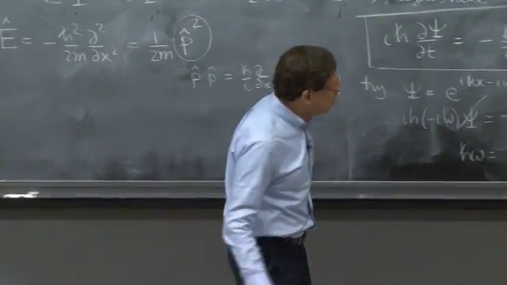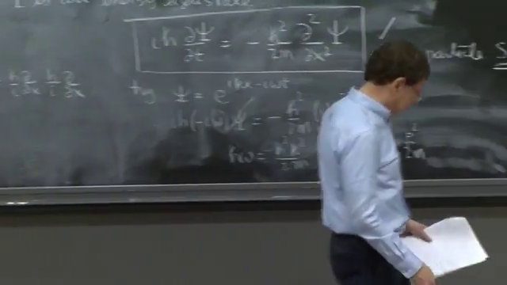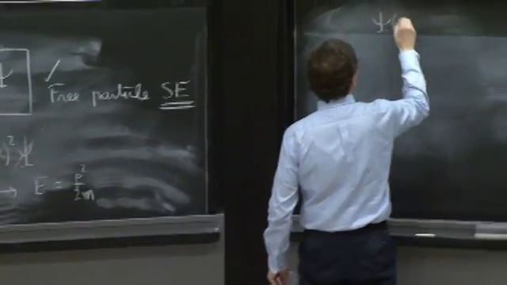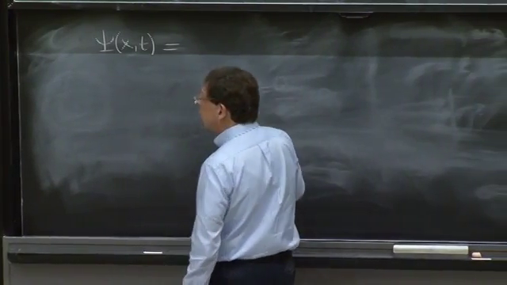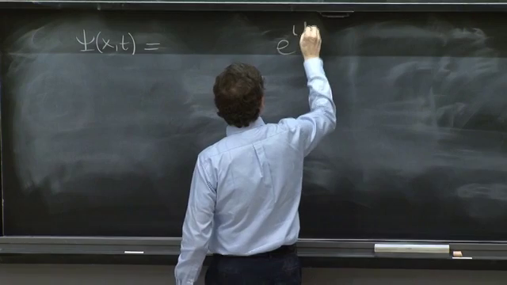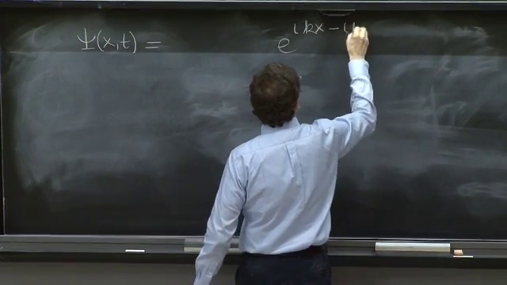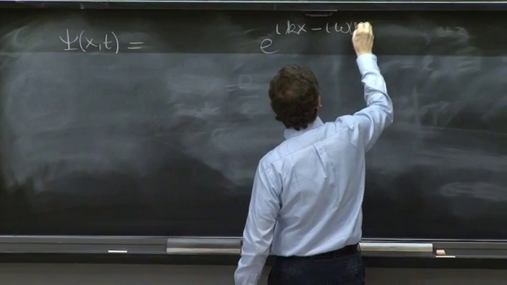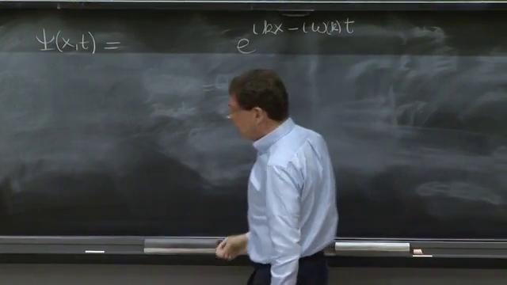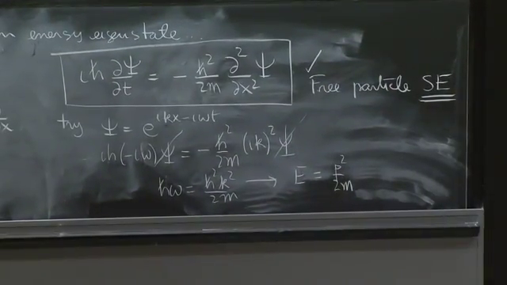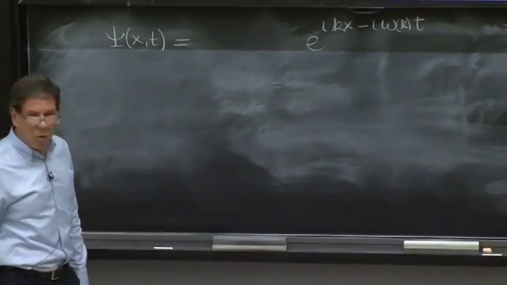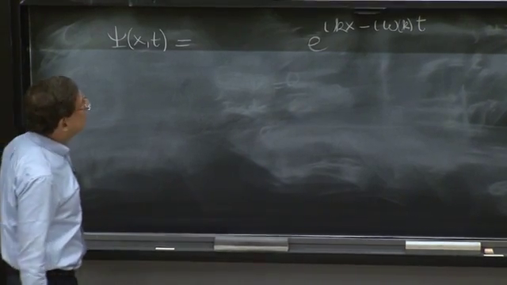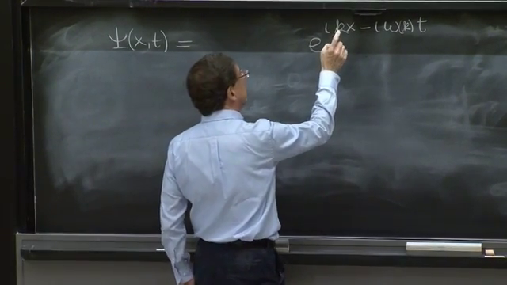And the general solution of this equation would be a psi of x and t, which would be a superposition of those waves. So you would put an e to the i kx minus i omega t. I'll put omega of k, because that's what it is. Omega is a function of k, and that's what represents our free particles. And this is a solution, but so will be any superposition of those solutions, and the solutions are parameterized by k.